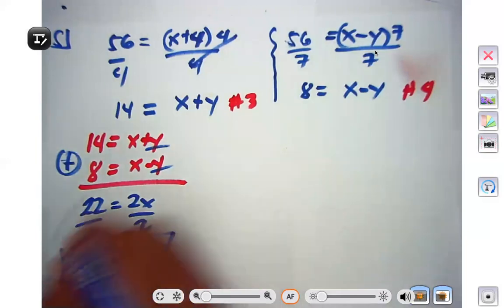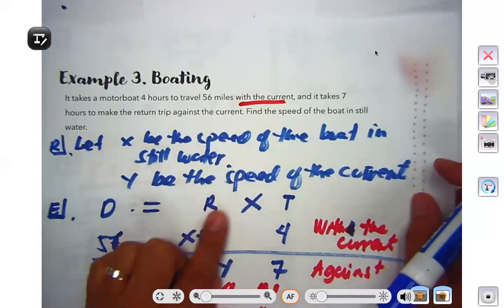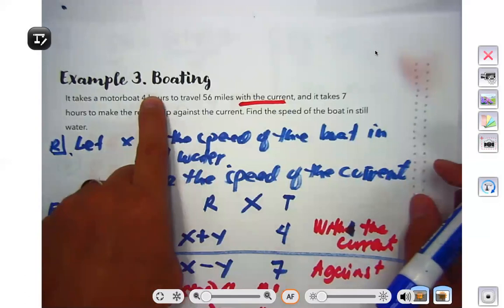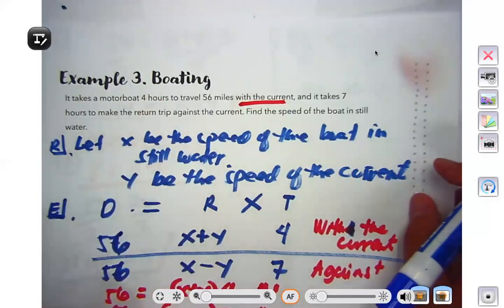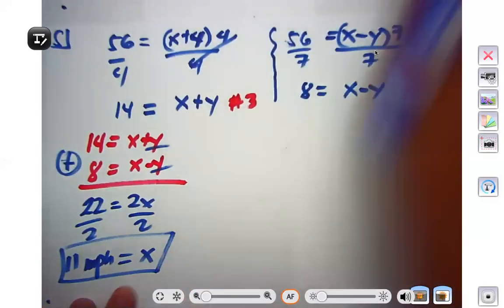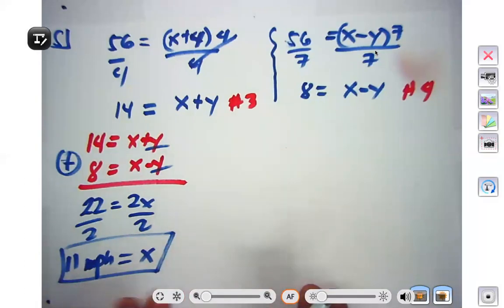How did we know it's miles per hour? Since we are talking about the speed, the unit of the distance is miles, and the unit of the time is hour. So it would be miles per hour. Therefore, the speed of the boat or the rate of the boat is 11 miles per hour in still water. And we are done.